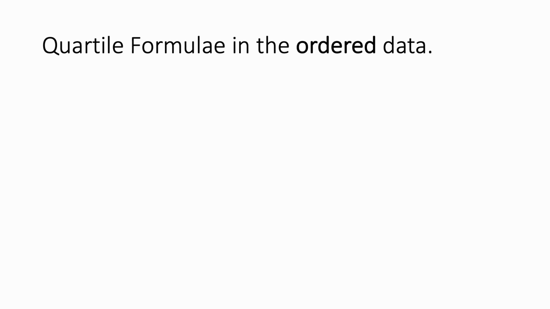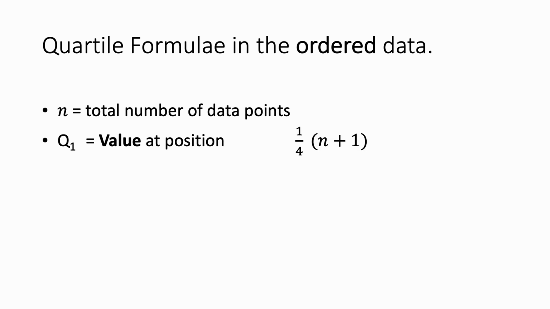Now here's another set of definitions to remember about quartiles. Remember, to compute quartiles or median, we first sort the data. Then within the sorted data, if n equals the total number of data points, then Q1, or the first quartile, exists at position number 1/4 of n plus 1.